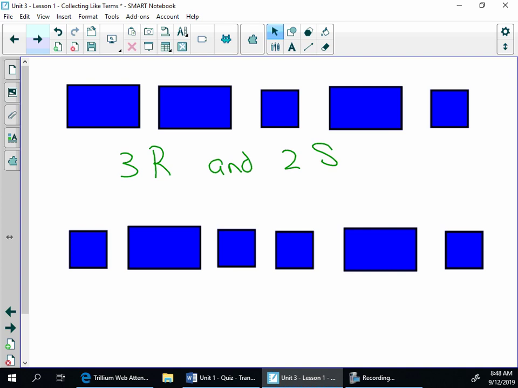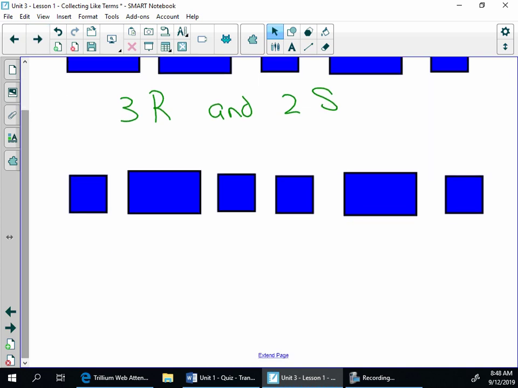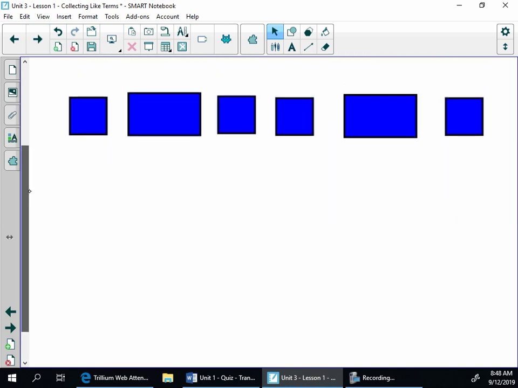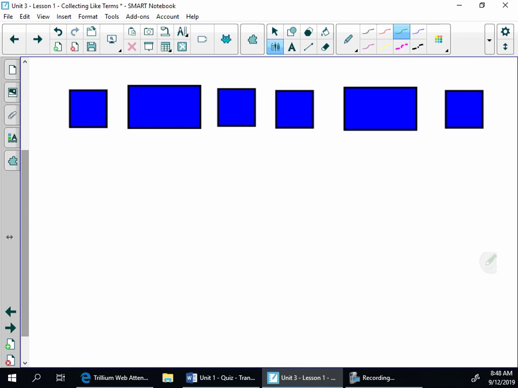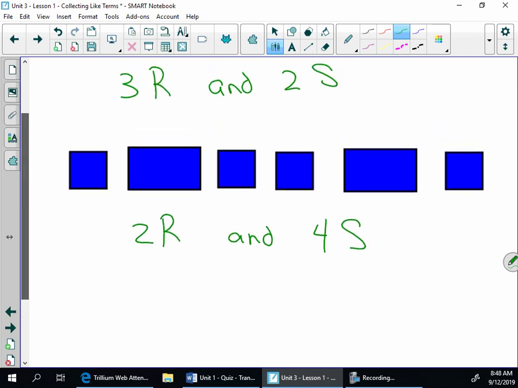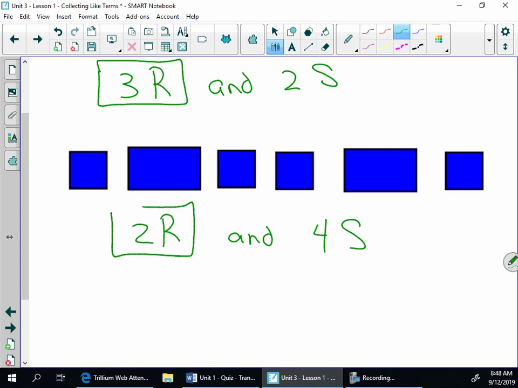Here, look at the next set. Scroll down a little bit. And what do we got here? We got 2 rectangles this time and 4 squares. So what do I have on the board all together without going back to counting them up individually again? Well, I had 3 rectangles and 2 more rectangles, which means I have 5 rectangles.